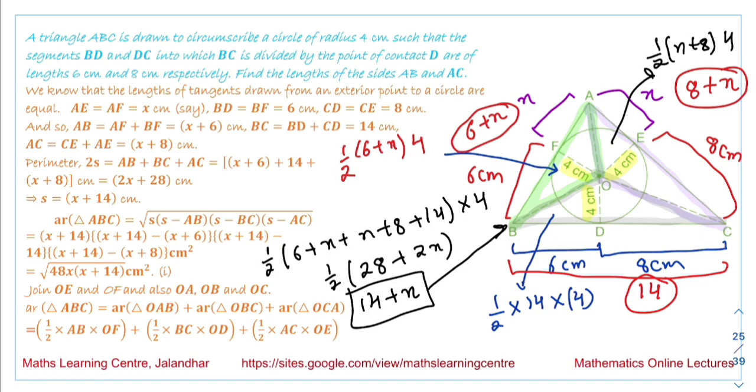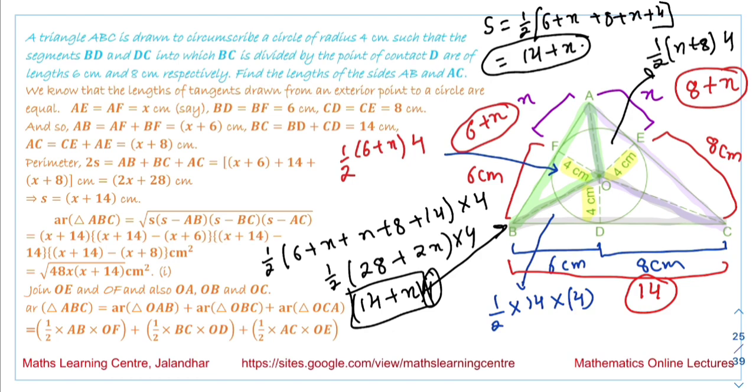So the semi-perimeter S will be 1 by 2 into 6 plus x plus 8 plus x plus 14. So the answer we are getting is equal to 14 plus x, and this value is into 4. This is the area of this triangle. So we have calculated the semi-perimeter, it is 14 plus x.